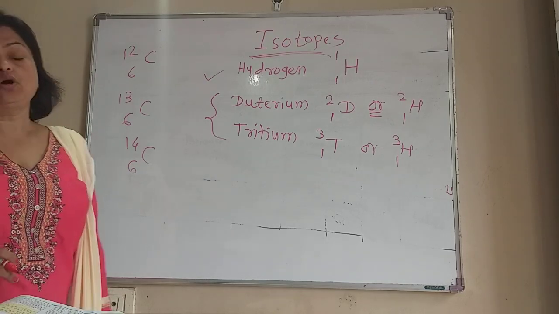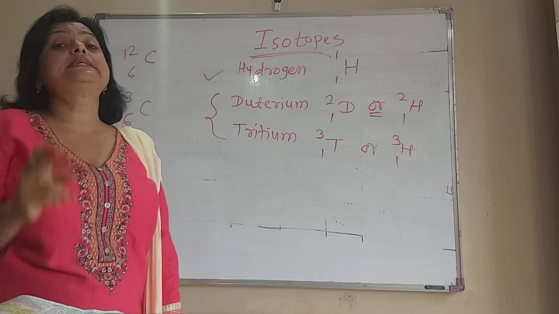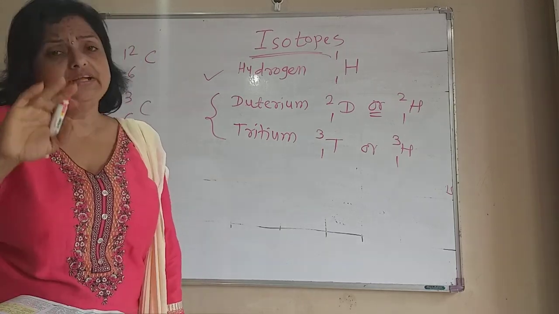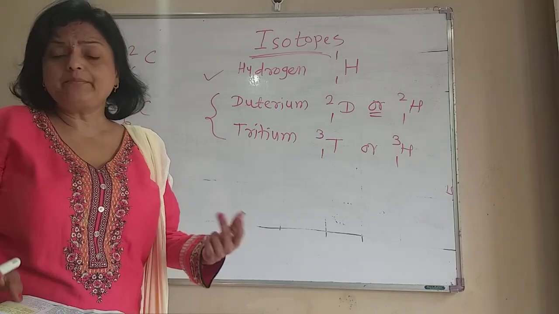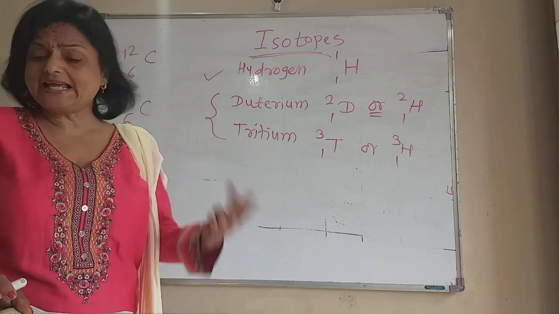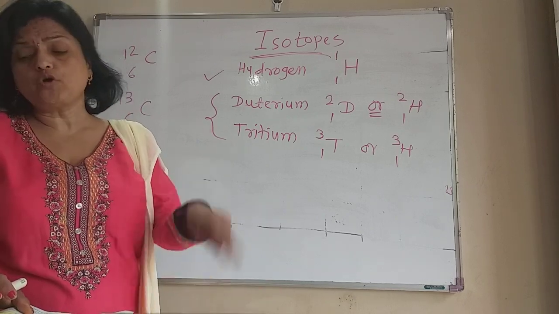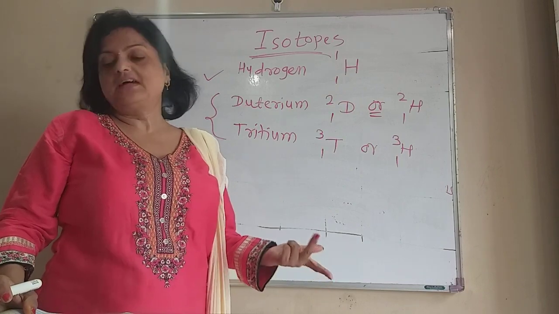Such atoms of the same element having the same atomic number but different mass numbers are called isotopes. They can also be defined as all the isotopes of the element have the same number of protons but different number of neutrons in their nuclei. They are called isotopes.